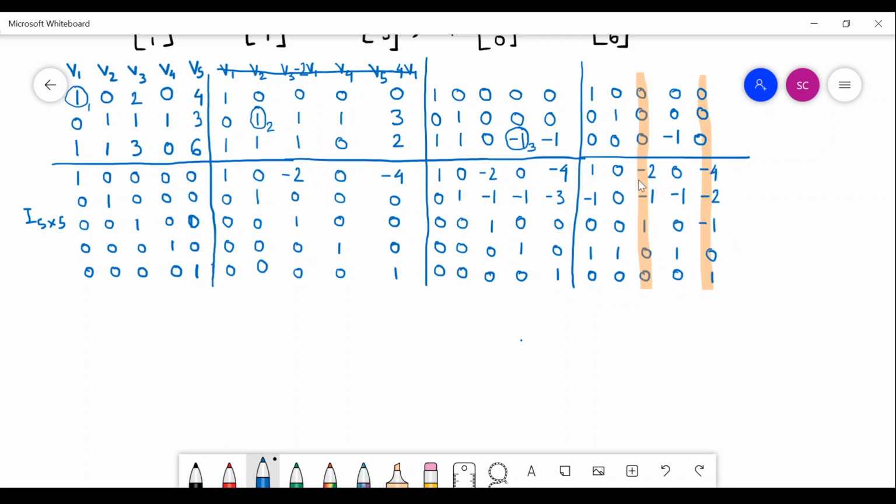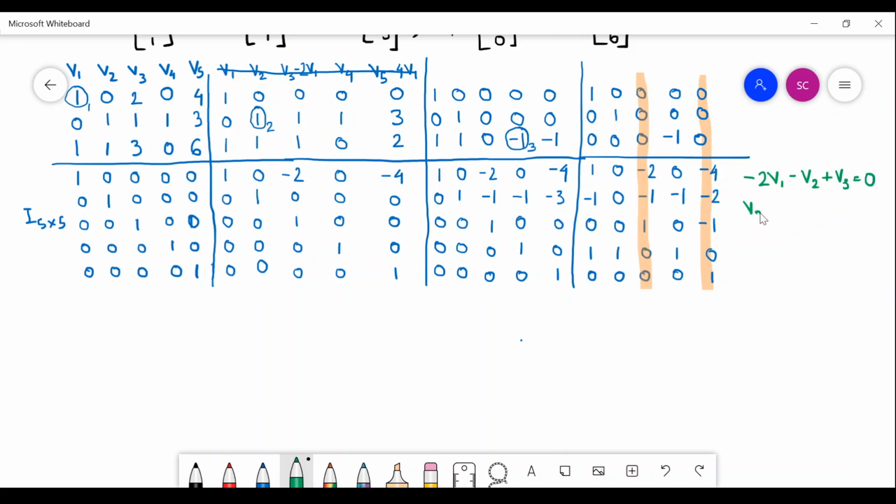These elements are simply giving the addition of the vectors minus 2 v1 minus v2 plus v3. So now you can see from here that this is the result that you get, minus 2 v1 minus v2 plus v3 equals 0.